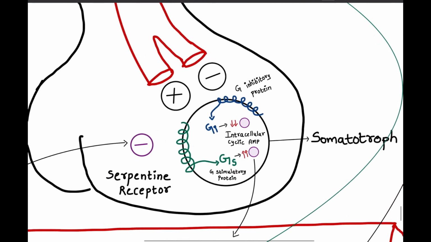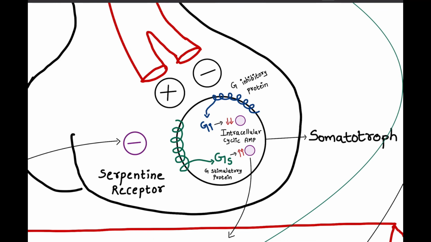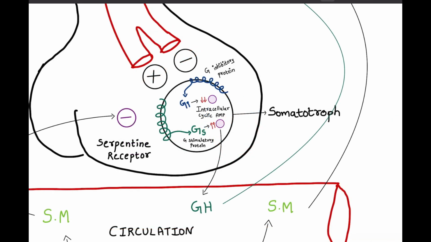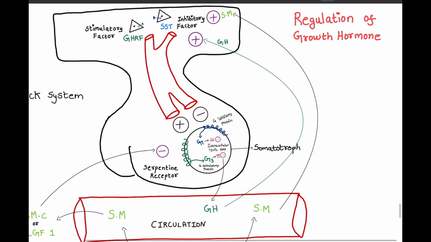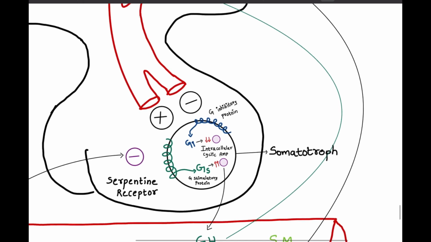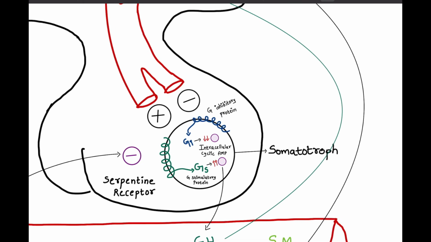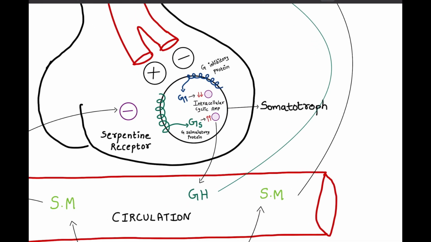In such a way, this G stimulatory protein will increase the intracellular cyclic AMP, and there will be release of growth hormone into the circulation. The inhibitory factor, somatostatin, will also act through the serpentine receptor, and it will activate the G inhibitory protein. In such a way, this G inhibitory protein will decrease the intracellular cyclic AMP, thus decreasing the growth hormone synthesis and release.